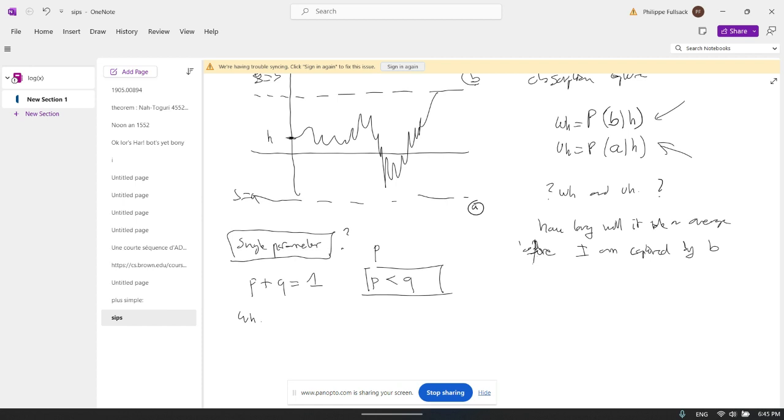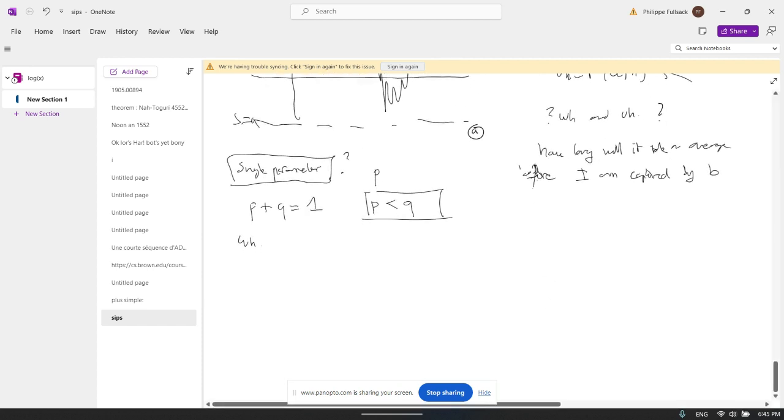So let me pull out the method here. To calculate WH, we are going to show that WH obeys a certain evolution equation.